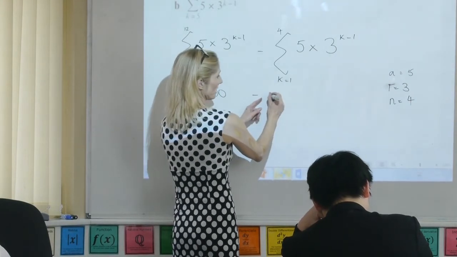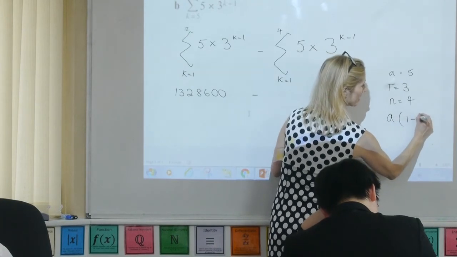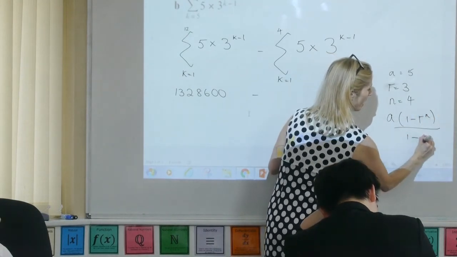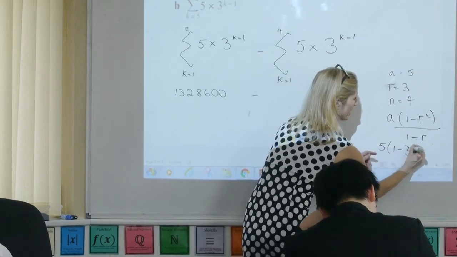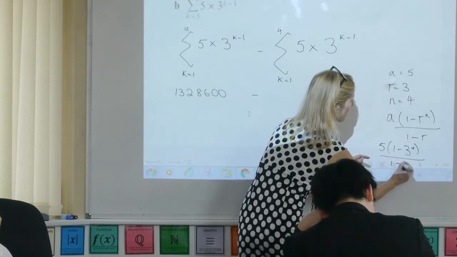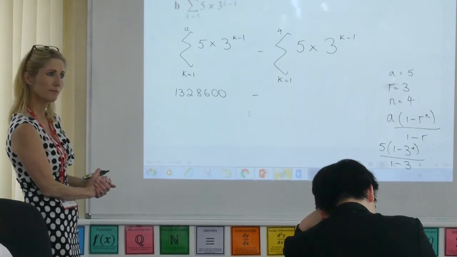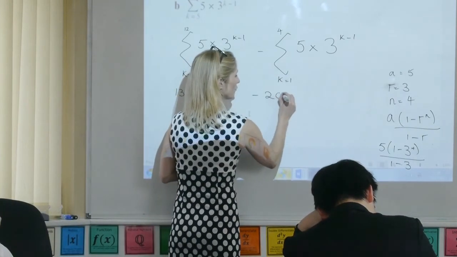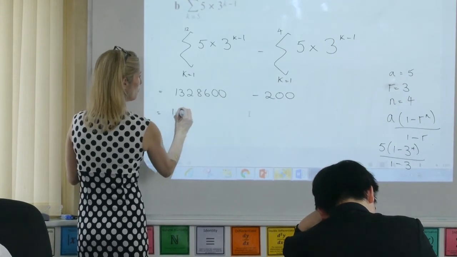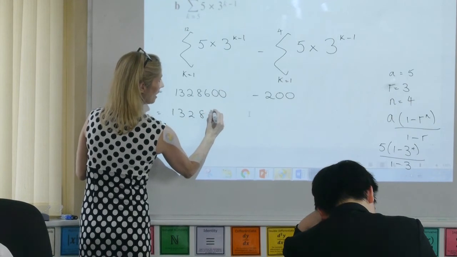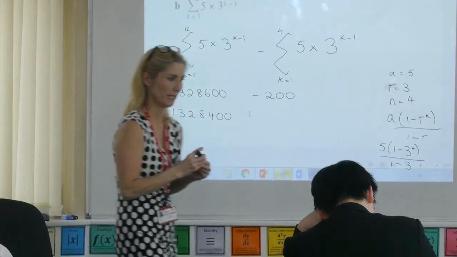So I'm substituting that into my formula: a times 1 minus r to the n over 1 minus r. 5 times 1 minus 3 to the power of 4 over 1 minus 3. If I work that out, what value did I get? 200. That's right. So the answer that I should get for the total is 132,840. Okay? So that's just one way of doing it.